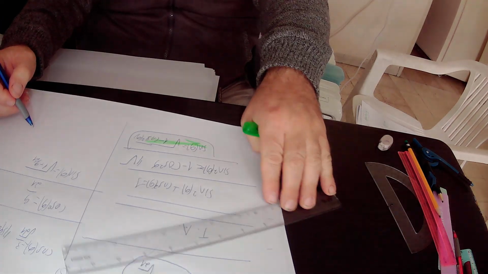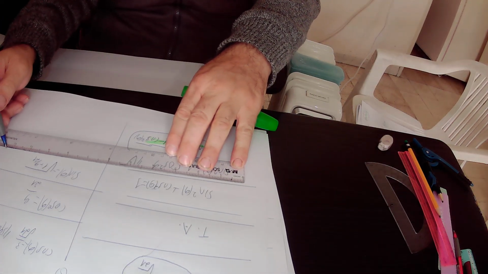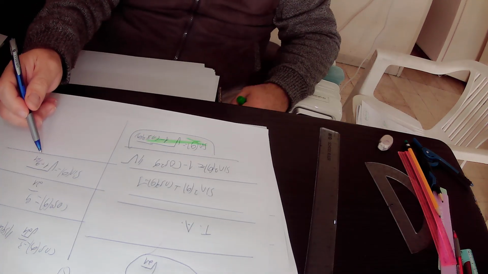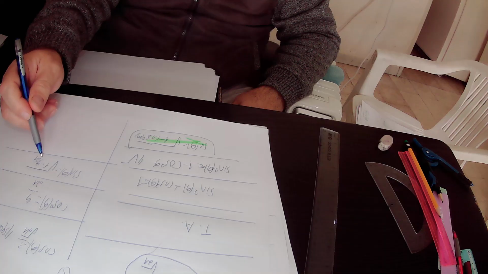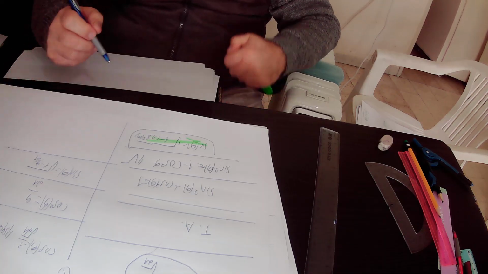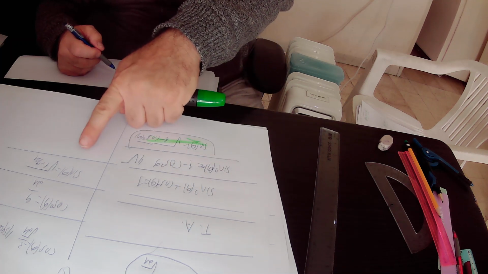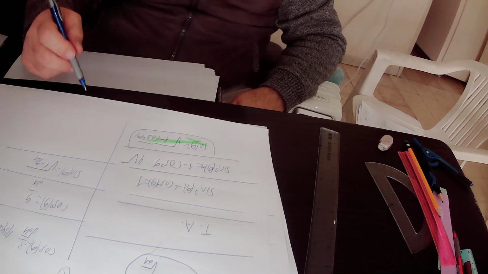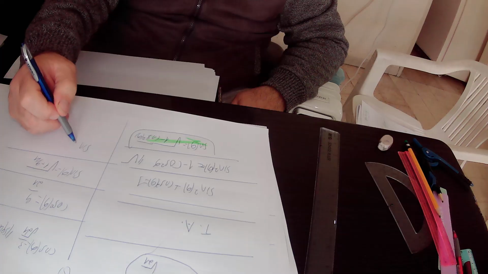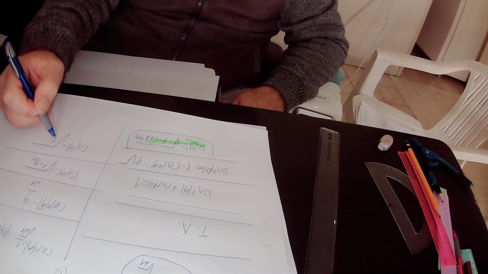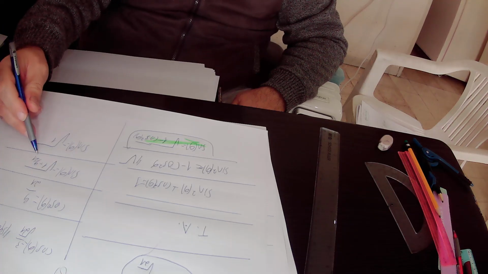So today we found out that sine alpha equals the square root of 1 minus 9 over 21. So we succeeded to express sine alpha in terms of cosine alpha. So sine alpha equals the square root of 1 minus 9 over 21.